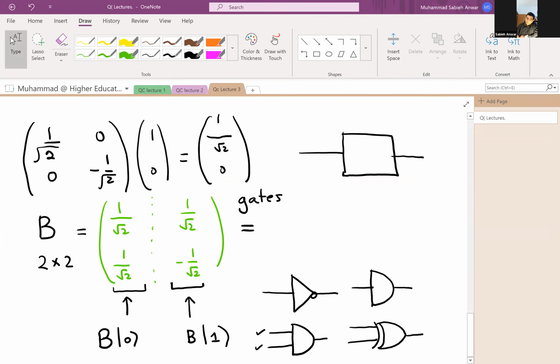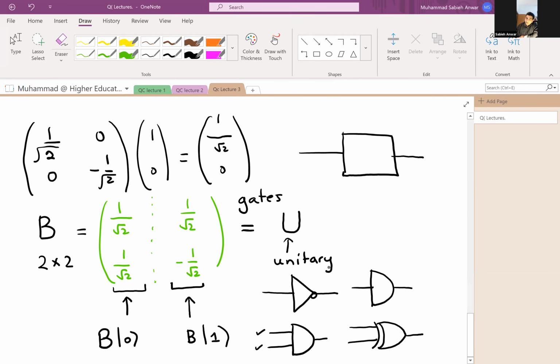And this matrix here is a special kind of matrix. It is customary in quantum computing to represent gates by the symbol U. And this U comes from the word unitary. And I'll explain what unitary means.